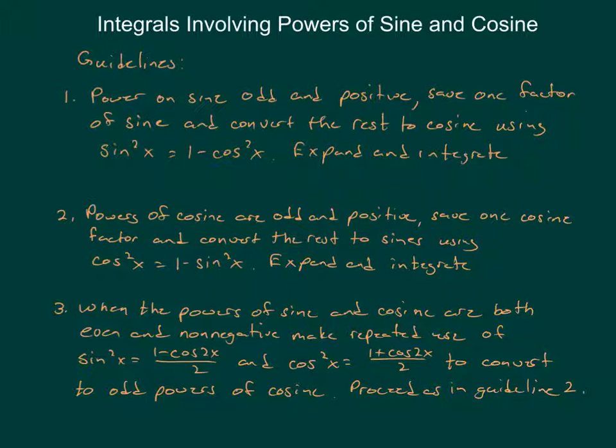You have to then convert to odd powers of cosine, and then proceed as you did in number 2. The key part is that you might have to go through and do this multiple times. You want to get it so that you're only dealing with a constant value or odd powers of cosine when you're working with number 3.